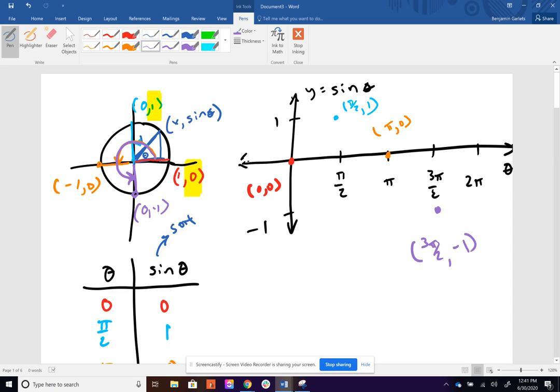And then we didn't do 2 pi, but you'll notice that 2 pi, when we do the full circle, has the same position, same angle, or same sine value as 0, 0. So we're going to be back to 0 for our output.